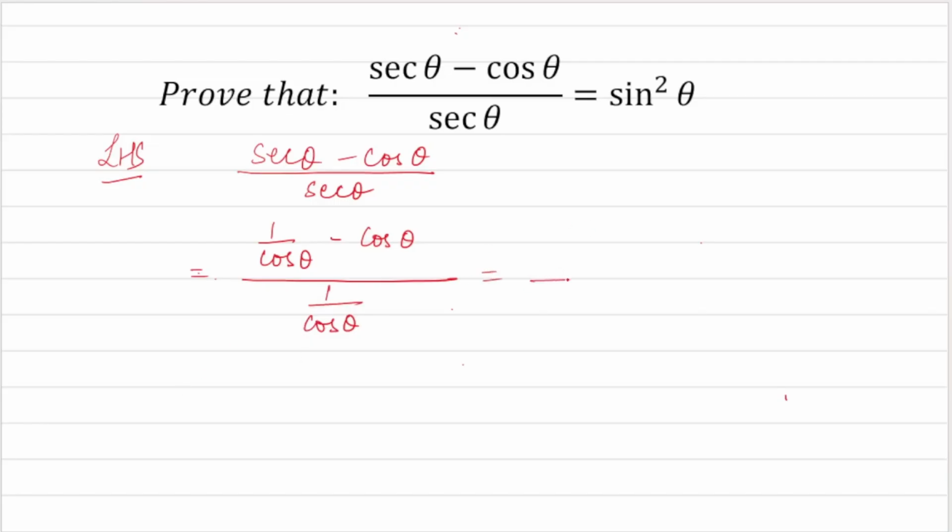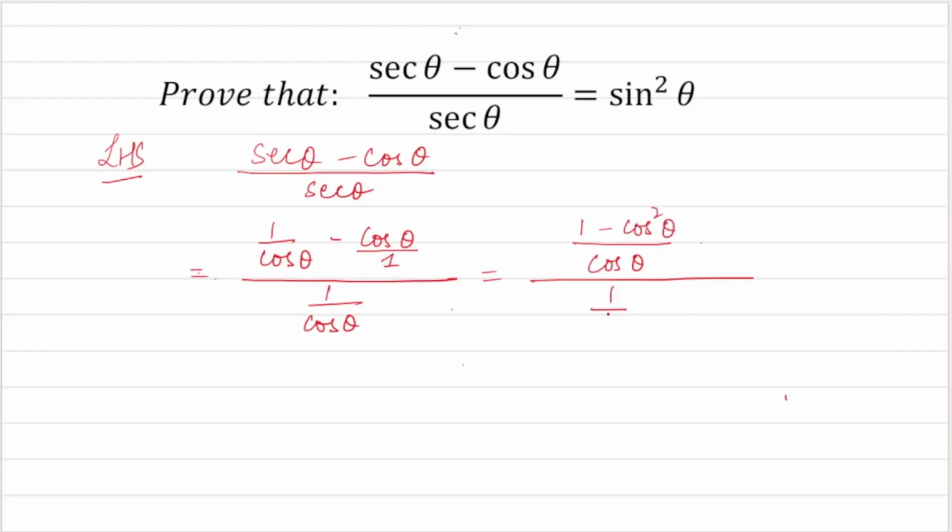This equals, I can take the LCM over here, because this cos theta has the denominator of 1. So I can take the LCM and that comes out to be cos theta. So I get this one as it is minus. Now over here, this cos theta divided by 1 is cos theta, so it is basically cos square theta.